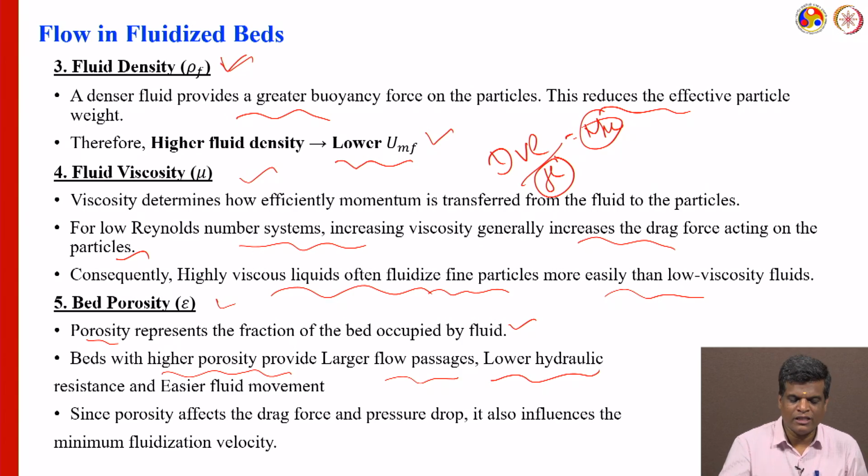Since porosity affects drag force and pressure drop, it also influences the minimum fluidization velocity. So we have discussed 5 variables in total: porosity, fluid viscosity, fluid density, particle density, particle diameter. These are the parameters, sometimes also called variables.